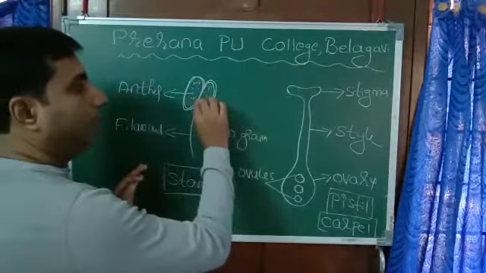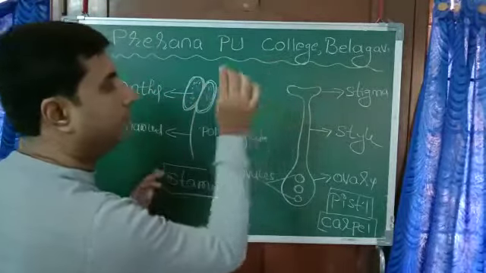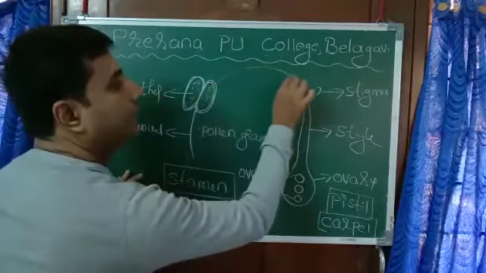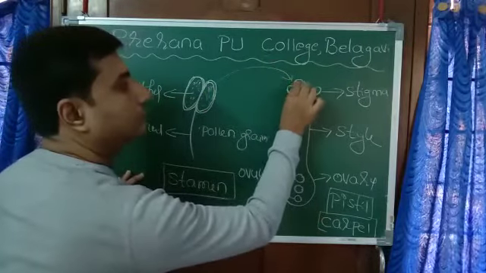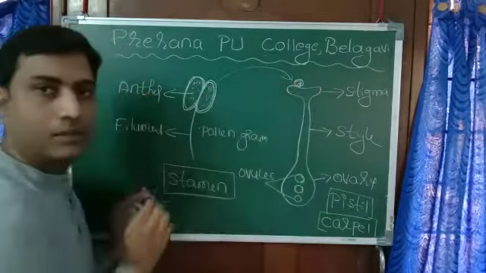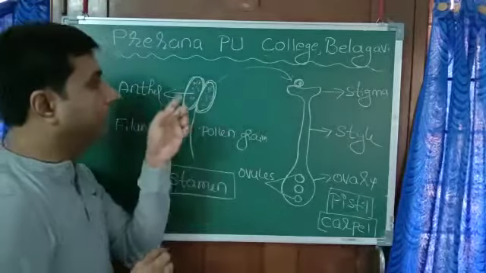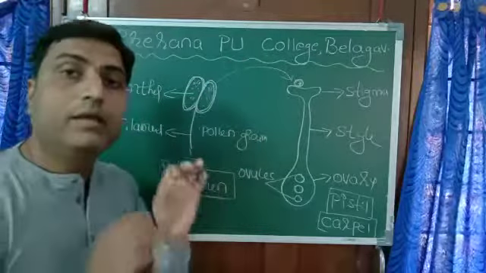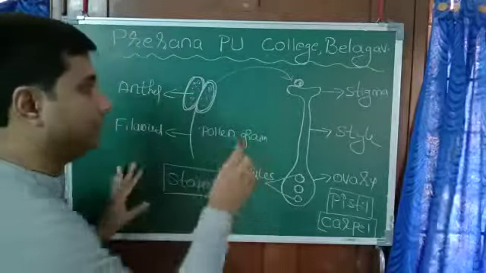Now, the pollen grain should come and fall on the stigma. Transfer of pollen grain from anther to stigma is known as pollination.